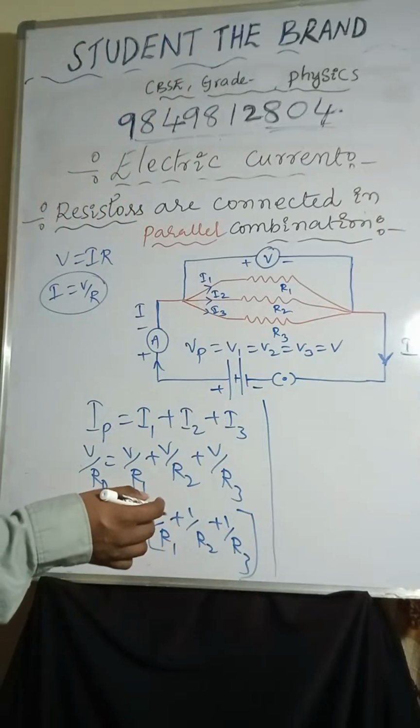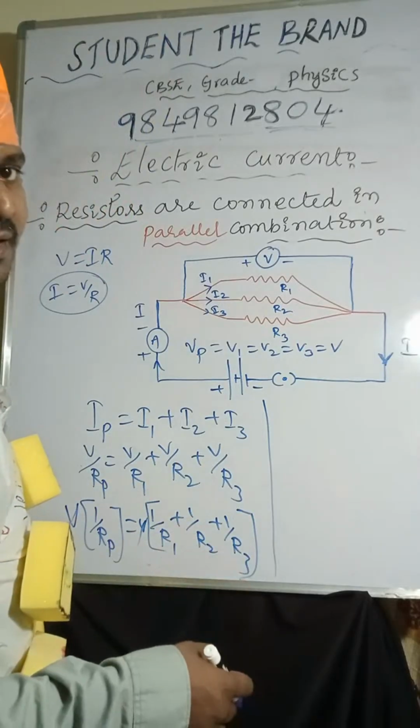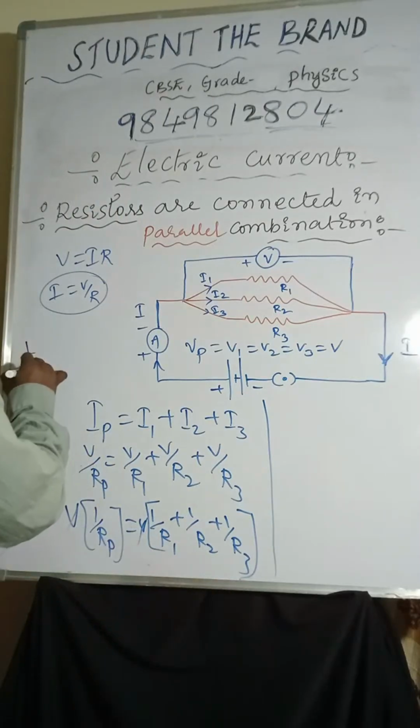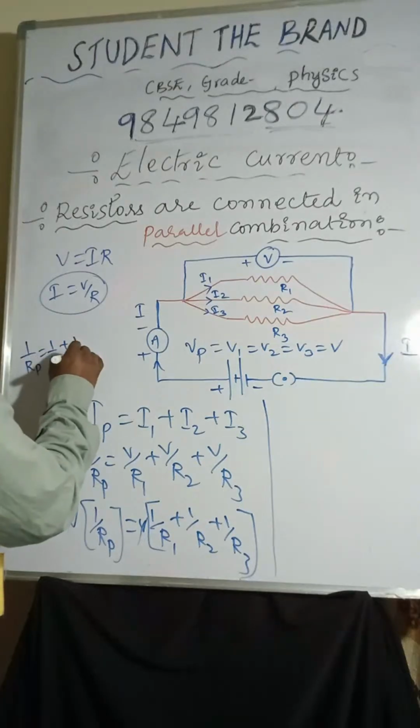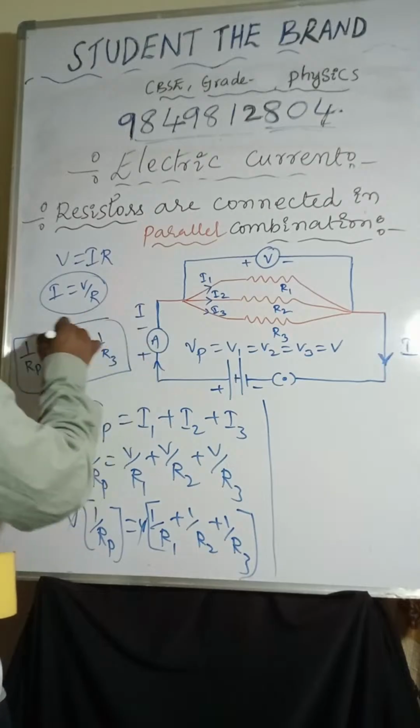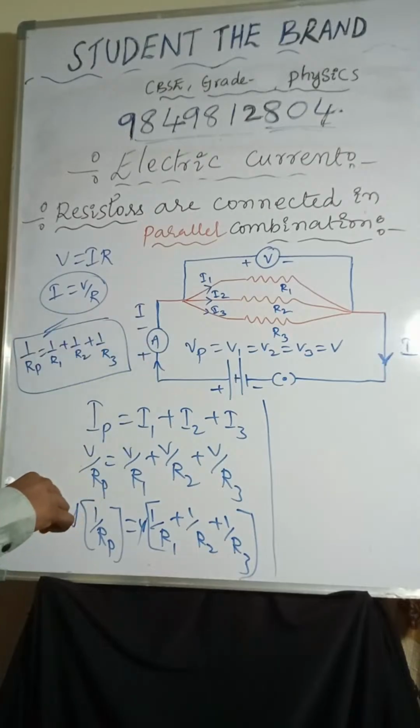So 1 by Rp equal to 1 by R1 plus 1 by R2 plus 1 by R3. So this is about resistors connected in parallel combination.